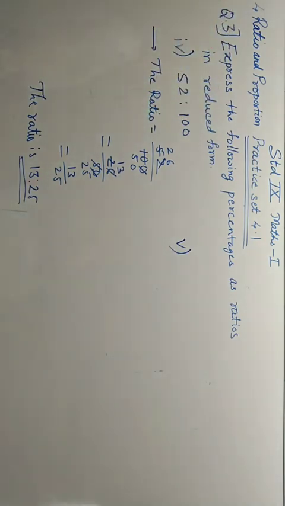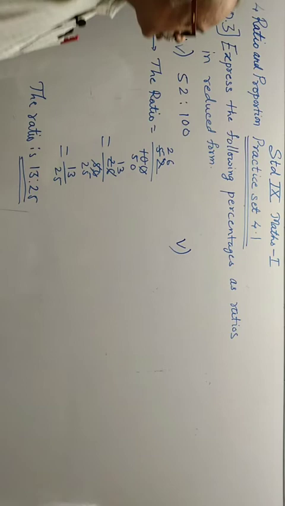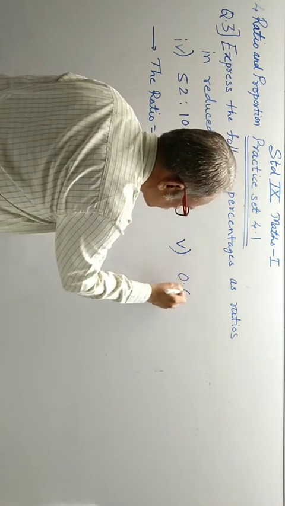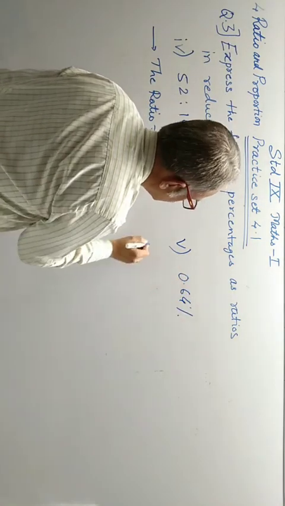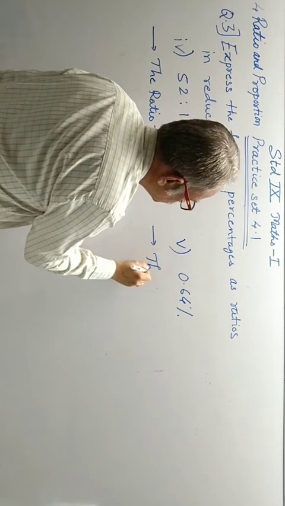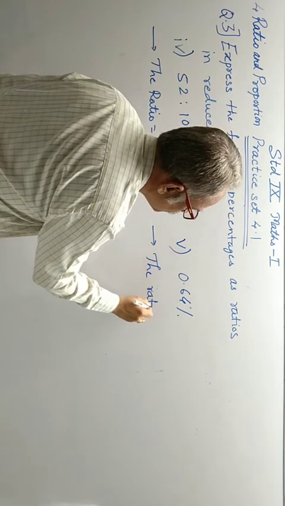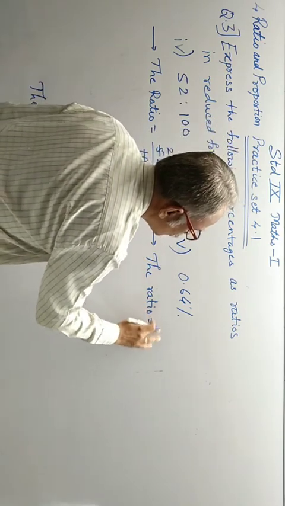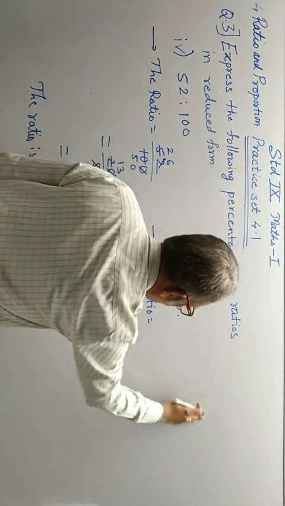And then the last question of this type is 0.64%. The ratio: 0.64% means 0.64 upon 100.